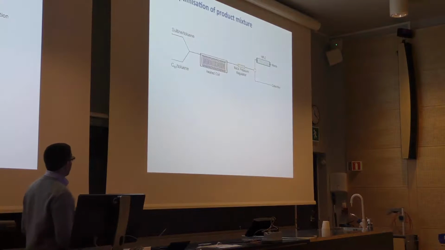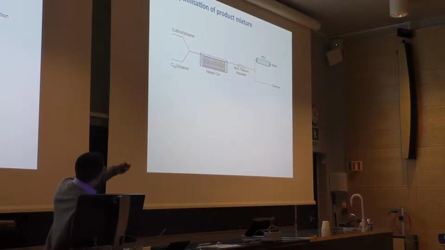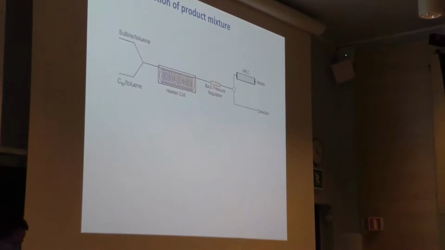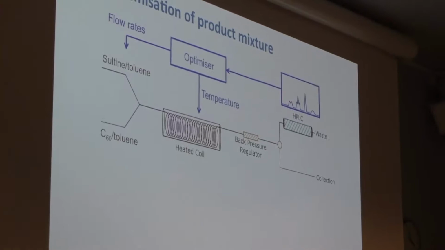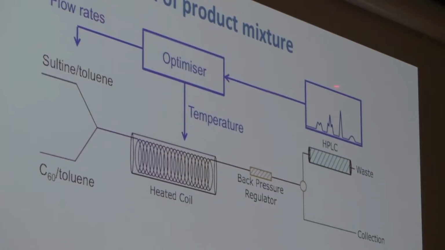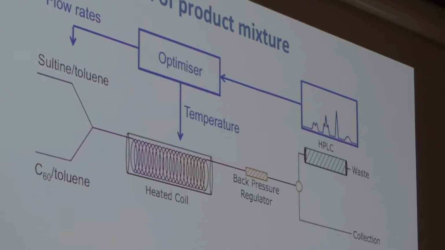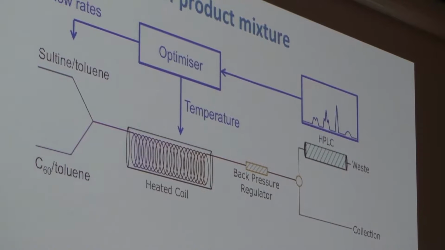And so that's what we've tried to do here. We've taken the reaction system I showed you earlier, and we do exactly the same thing. So we take our chromatogram, we extract our mole fractions, and we pass those mole fractions to our algorithm that then decides how it wants to update the flow rates and the temperatures.